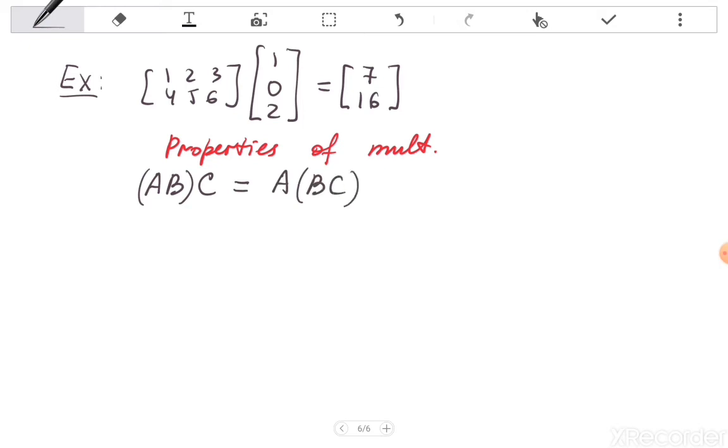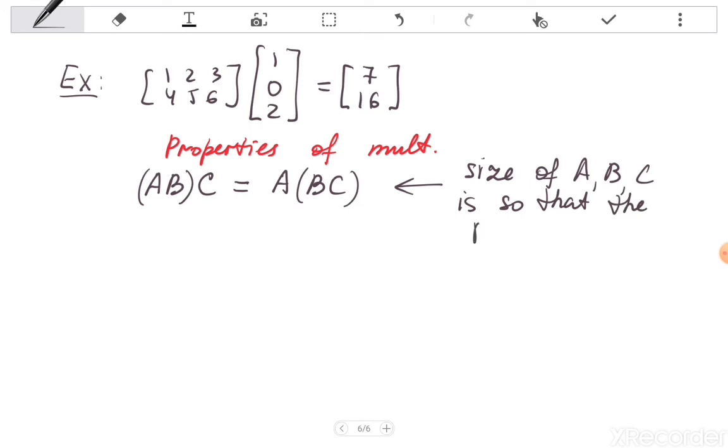And of course here, what I mean is that the products are defined, so the sizes of A, B, C are such that the products are defined.